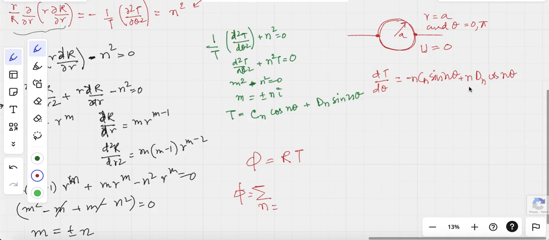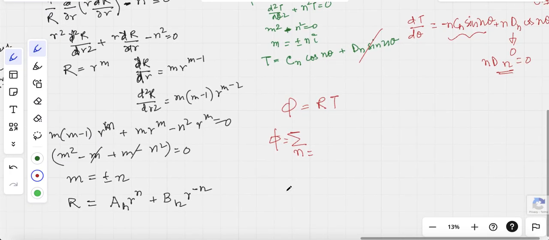So for this to be 0 at theta equals 0, pi, we will have to make this 0. This is automatically 0. This will be n Dn equals 0, so Dn is 0, right? So this term goes out.